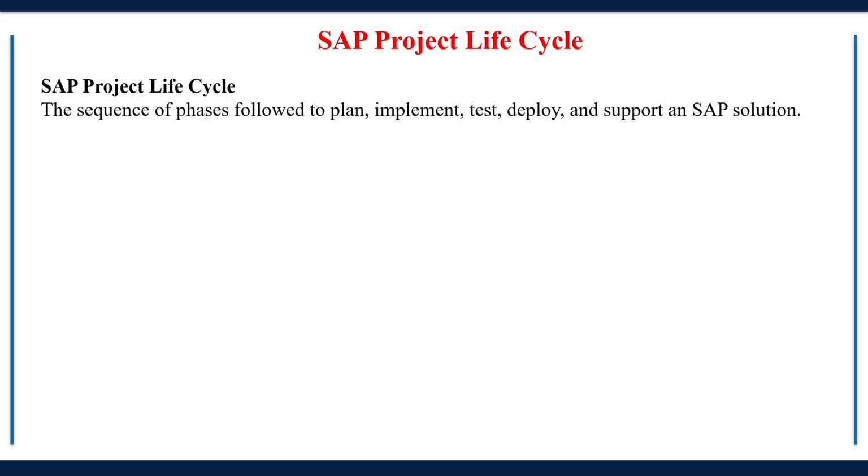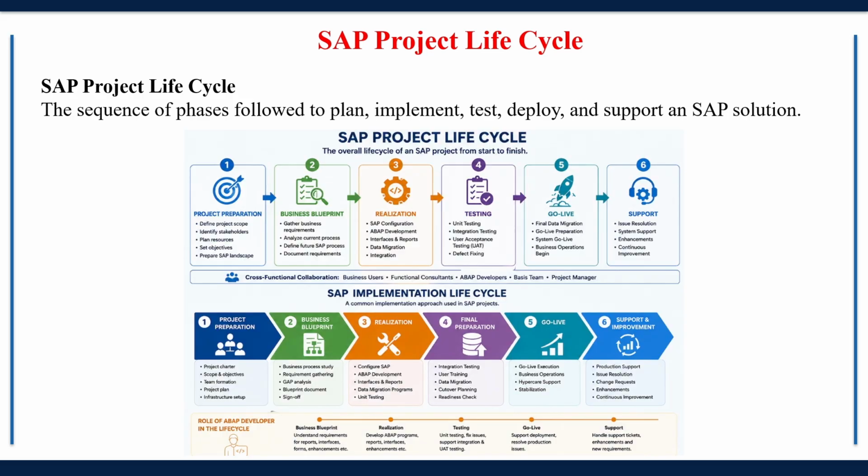In the plan phase, the organization defines the project scope and objective. Then, business blueprint. Once the project is prepared, we move to the business blueprint phase. Here we gather the business requirements.